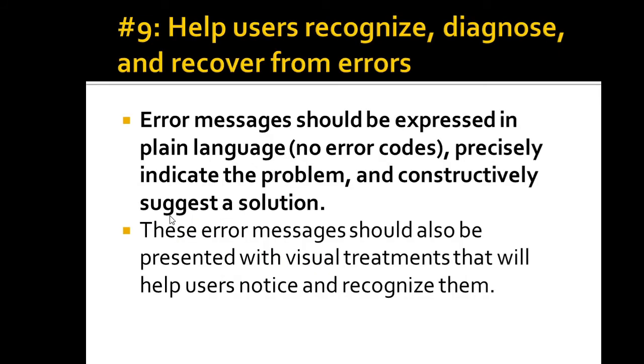Number 9, help users recognize, diagnose, and recover from errors. Error messages should be expressed in plain language. There should be no error codes. So precisely indicate the problem and constructively suggest a solution. These error messages should also be presented with visual treatment that will help users notice and recognize them.